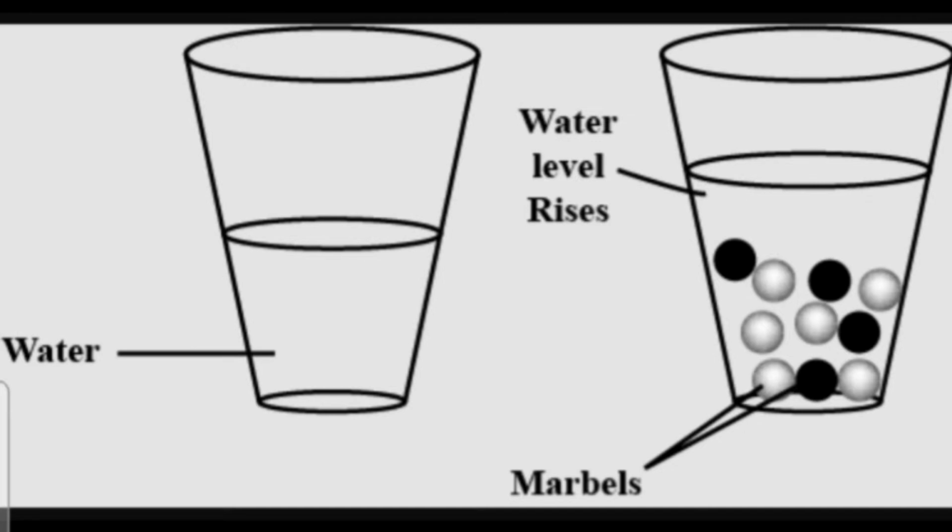In the second step, you have to take some marbles and put them in the second glass, one by one, not all together. When you put these marbles into the water of the second glass, after some time you can clearly notice that the water level crosses the mark and rises.